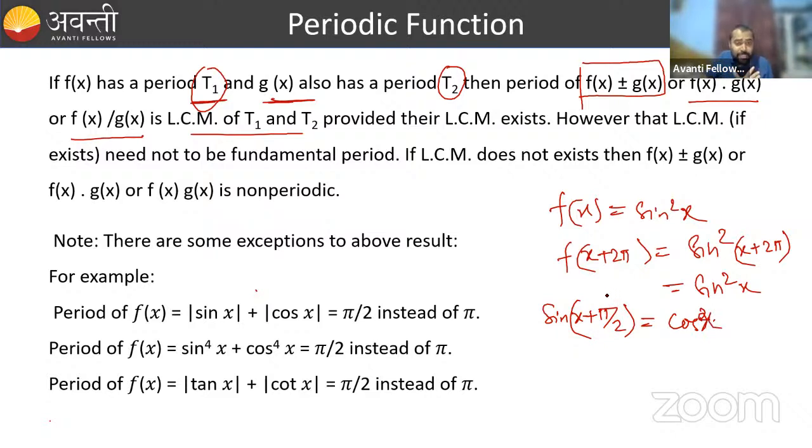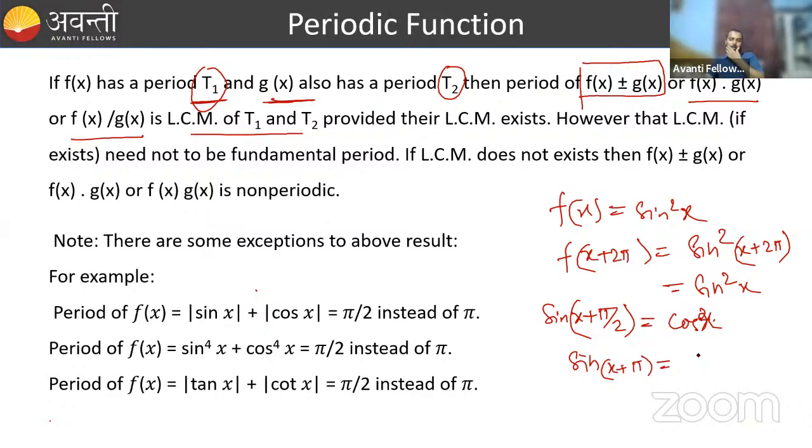So is pi the period? We can say pi is the period or not? Can pi be the period of the function sine square x or not? Sine of x plus pi gives you what?